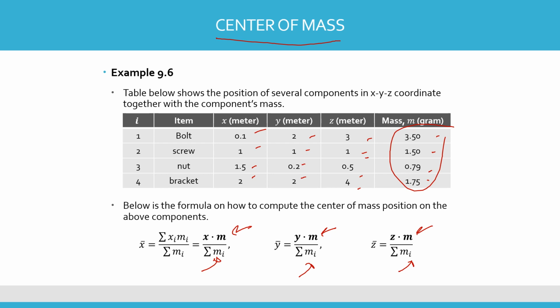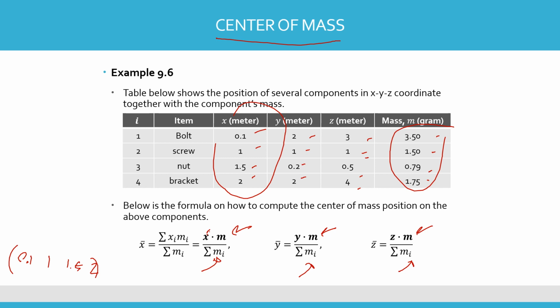So you have x here, you have m. How to do the dot? You list down all the x. See here, this is all the x. So x is 0.1, 1, 1.5, and 2.